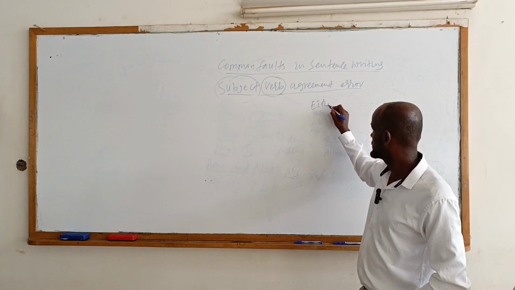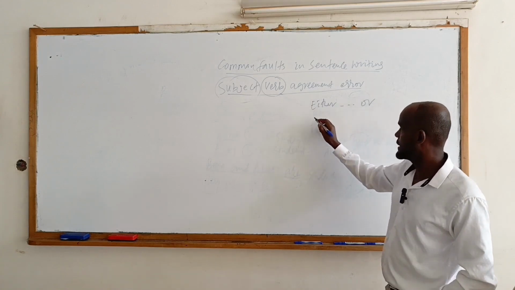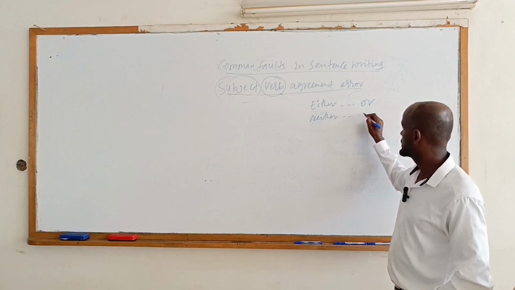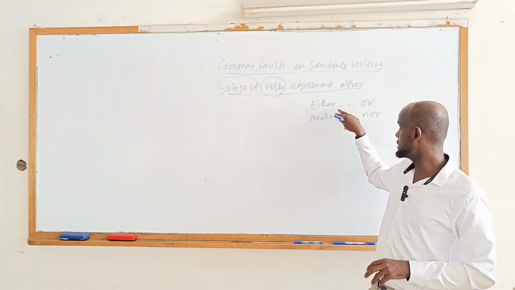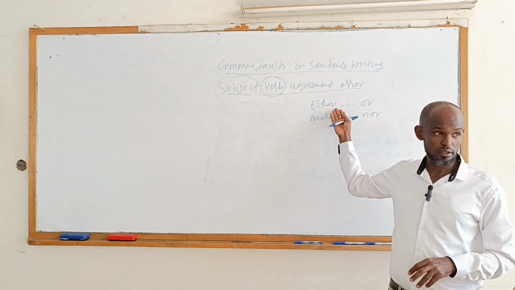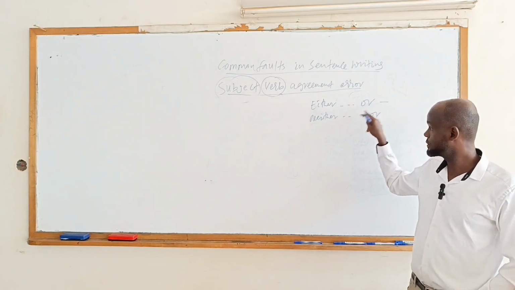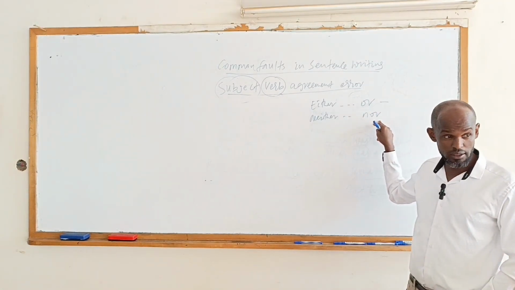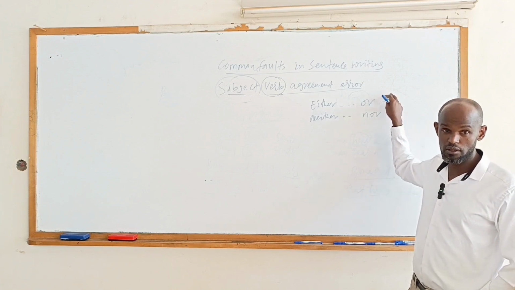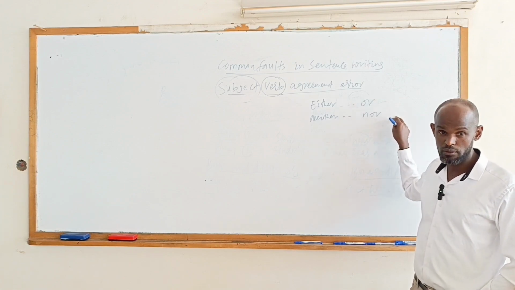Either...or and neither...nor. So when we combine two subjects in our sentence, either...or means one of the two. Neither...nor means none of the two. This is one of the two, this is none of the two.